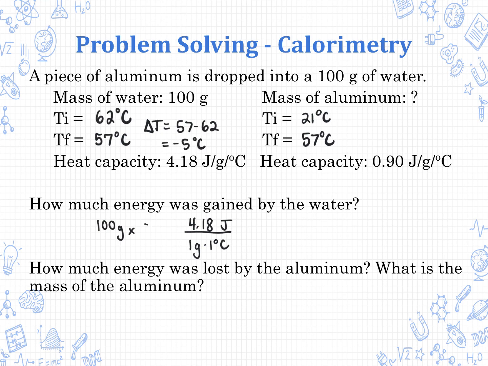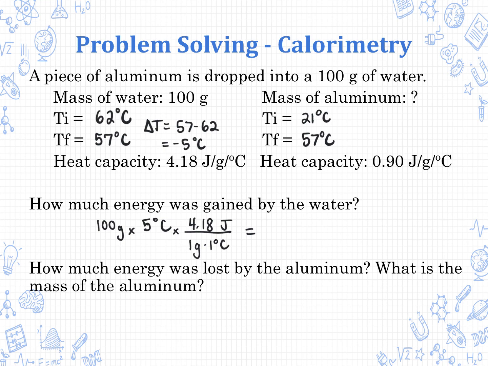You might wonder, I'm really not paying much attention to the signs, because at some point the energy lost by one is the same as the energy gained by the other, just in a different direction. One loses, one gains, but the number is the same. So I find it easier to just think about that and not add in the negatives and positives to my work.